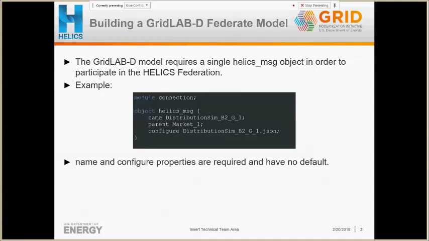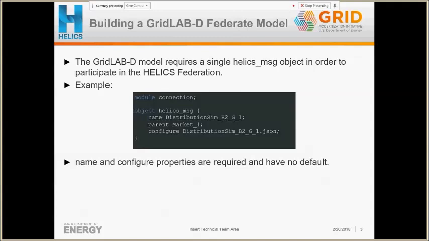This is an example. The required properties are a name and a configure file. You don't necessarily have to parent this object to anything. This object is located in the connection module, so you will need to specify the module connection in your GLM.